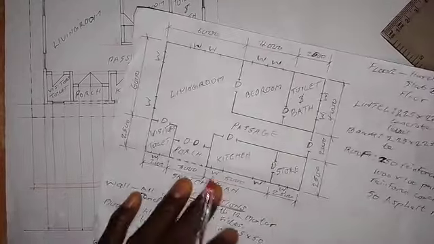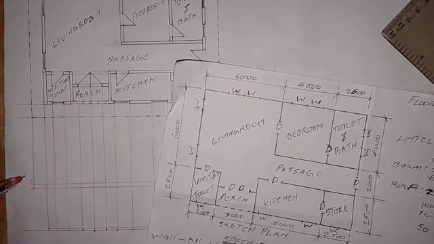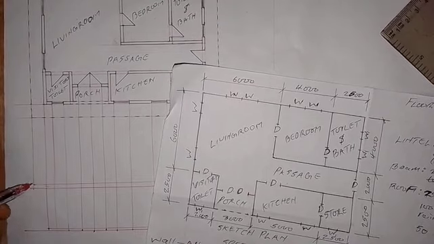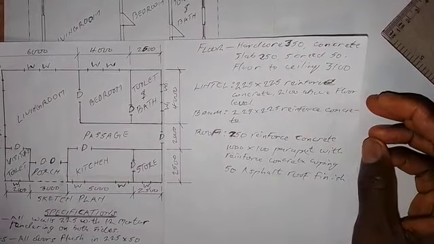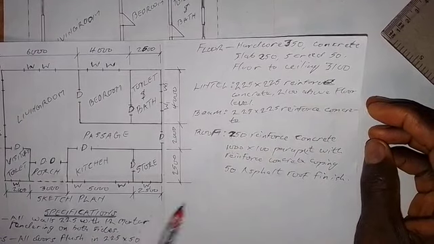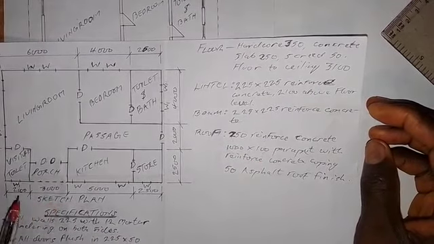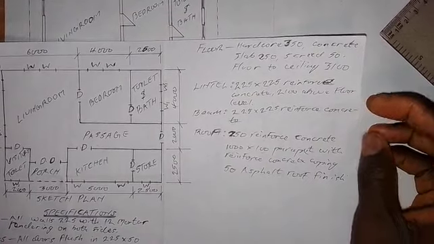Then we now come to the parapet itself. The parapet is going to stand on this concrete. The height of the parapet is 1000, which will give us 10 millimeters if we divide that by 100. And also the thickness is 100, so 100 by 100 will give us 1.